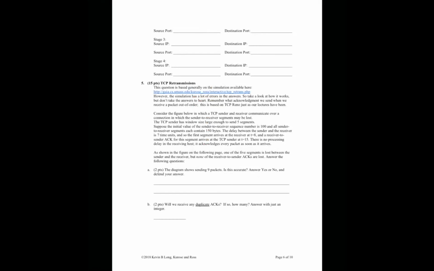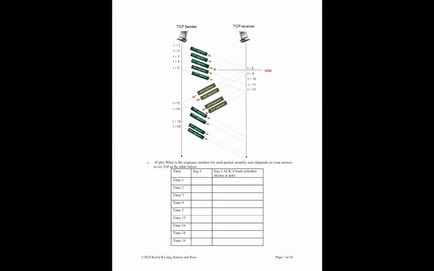Each segment is 150 bytes. The initial value of the sequence number is 100. So this will be sequence 100, and it will contain bytes 100 through 149. That's 150 bytes. So the receiver is going to acknowledge the next byte he expects. So this one is going to have sequence number 150, and so on. We're going to continue on like that.